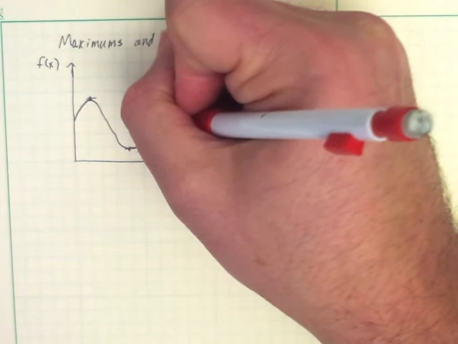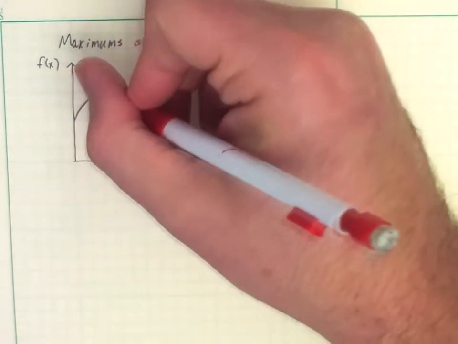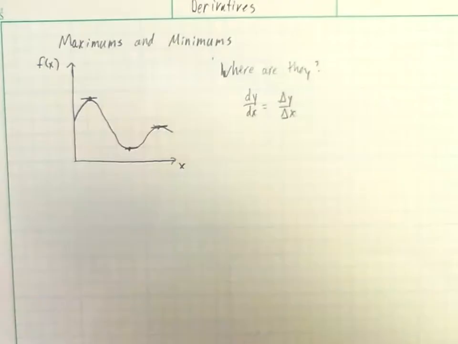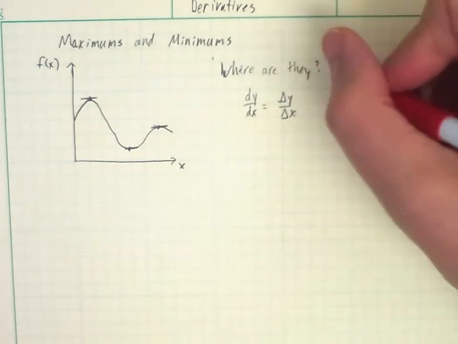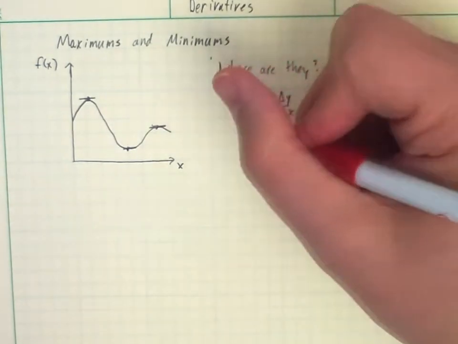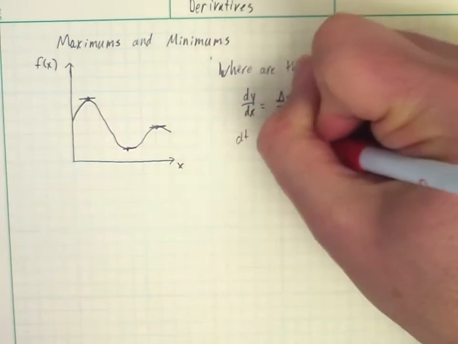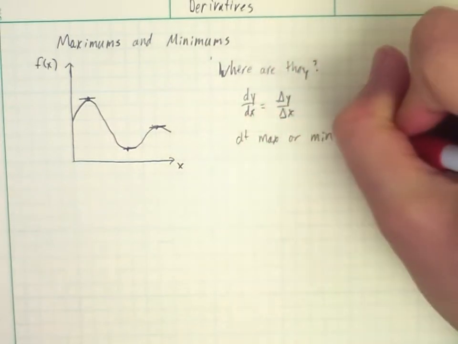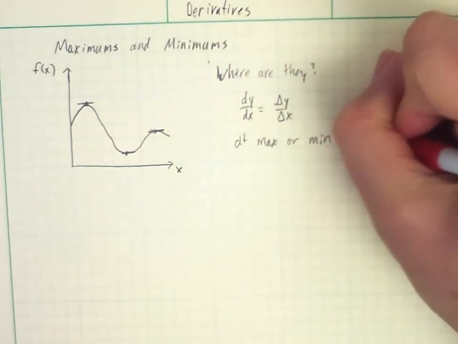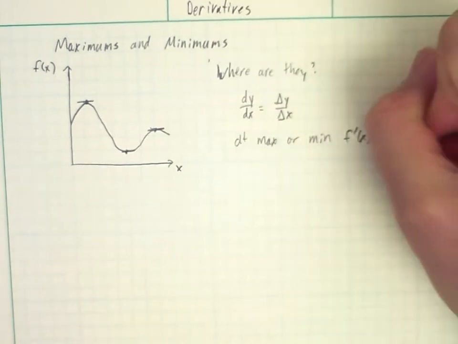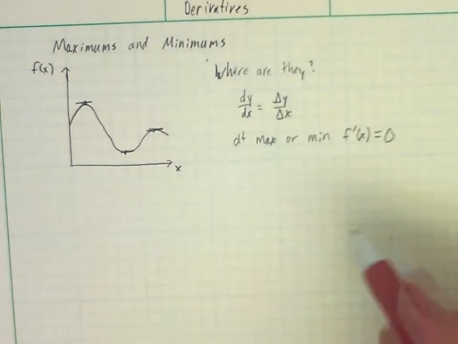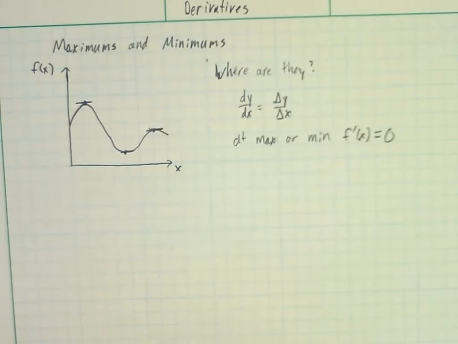It's leveled off. It's not going up anymore, it's not going down anymore. So what does that mean? It means at a max or min the derivative is going to equal 0. The first derivative of whatever it is going to be 0. In other words, it's leveled off.